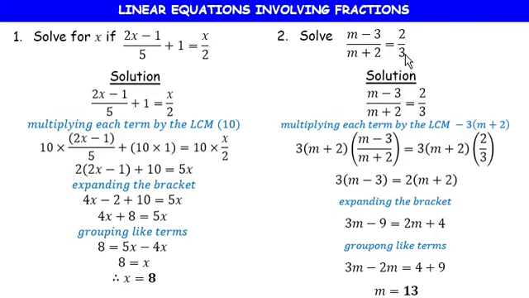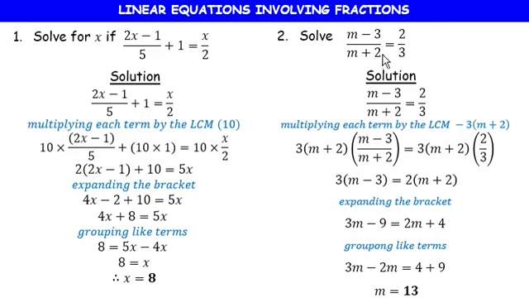Typically, you just multiply the two denominators or the various denominators, that is, if one is not a factor of the other one. Or whereby you have variables as part of the denominators, you just multiply the various denominators to get your LCM.